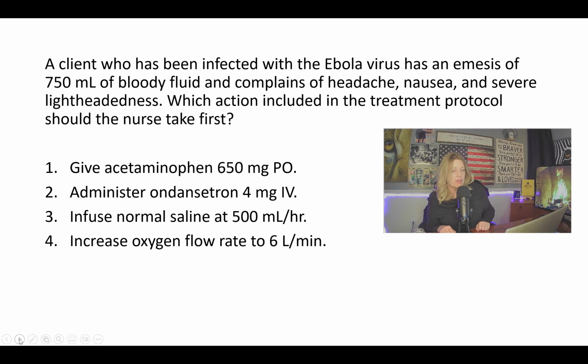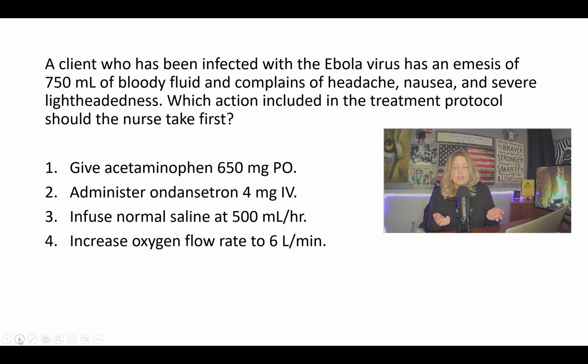Give acetaminophen. Well, that's for the headache. So no. Administer ondansetron. Well, that's for the nausea. So no. Infuse normal saline at 500 mils an hour. Well, that's addressing the fact that they just lost 750 mils. Increase oxygen flow rate. I don't even have any oxygenation symptoms here.